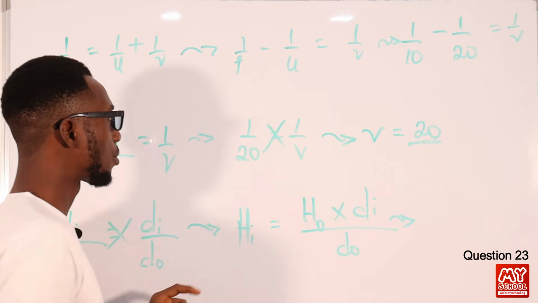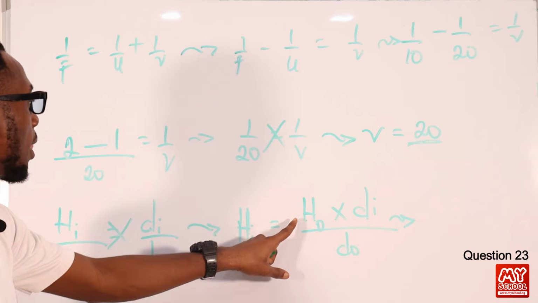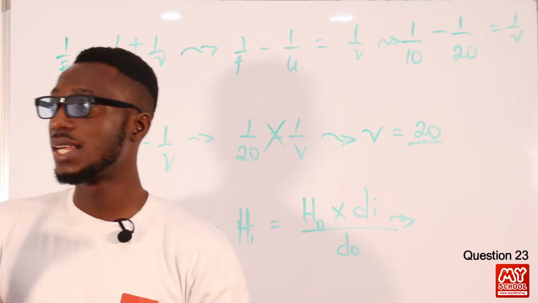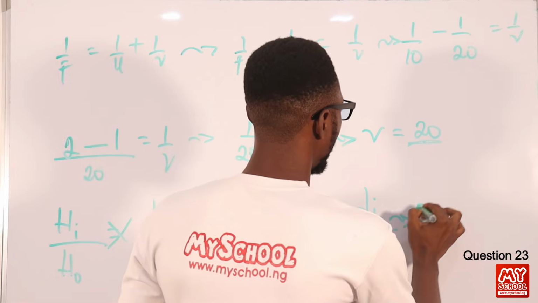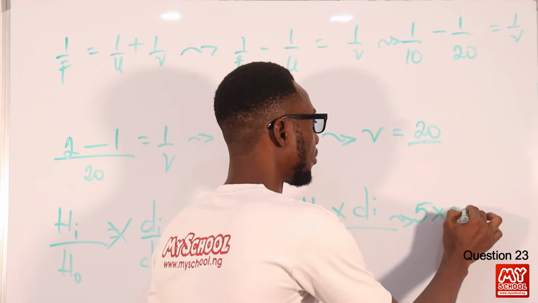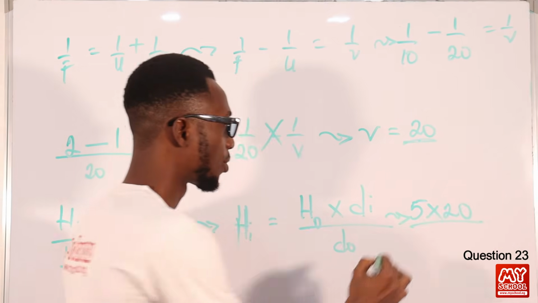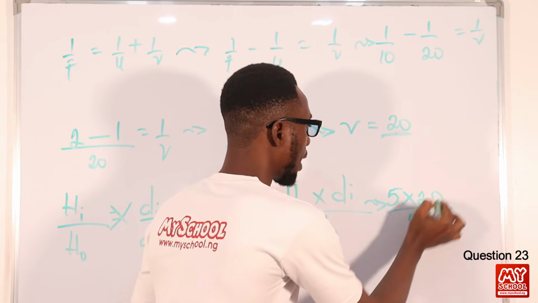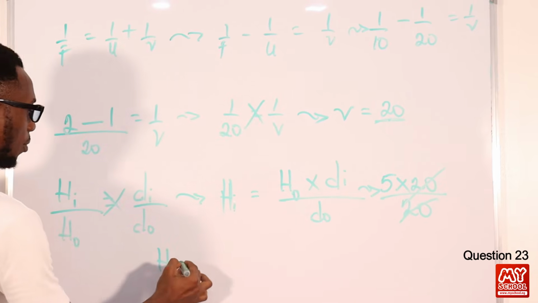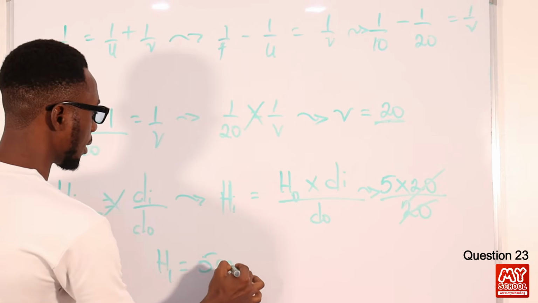Let's slot in the values. Image height equals the object height, which is given as 5, times the image distance, which we have gotten as 20, over the object distance, which is as well 20. So 20 strikes 20, and we are left with 5. So the image height should be 5 centimeters.